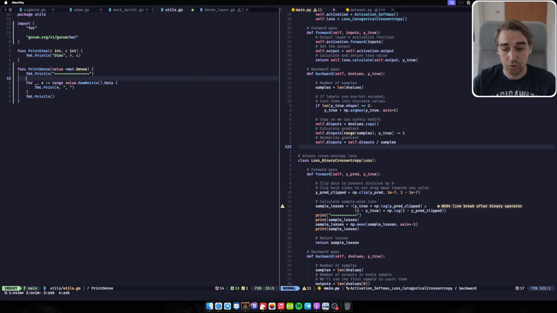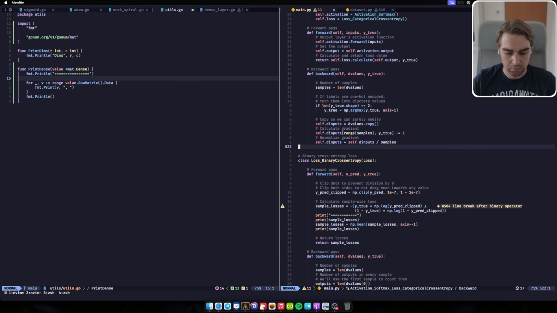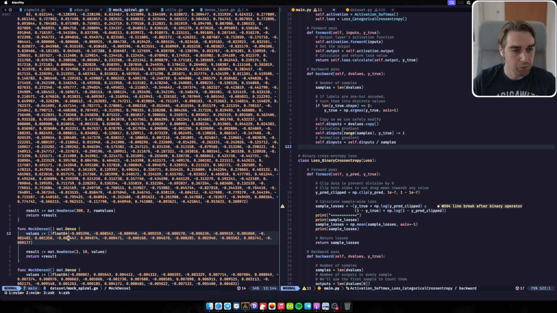Actually, I can generate two strings, because if we take a look at how it looks here, that will be like this. I can even add the reshape with Go. I think it's a little bit different, but yeah, actually I can do it.